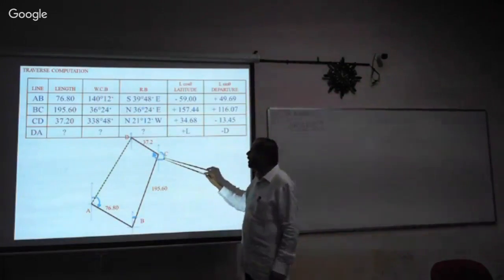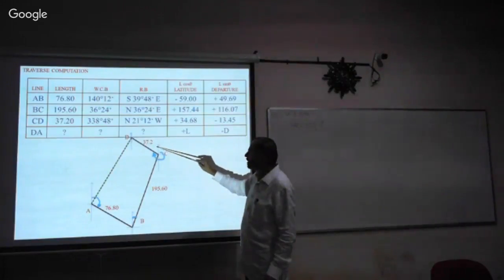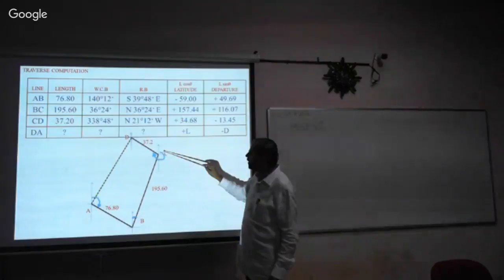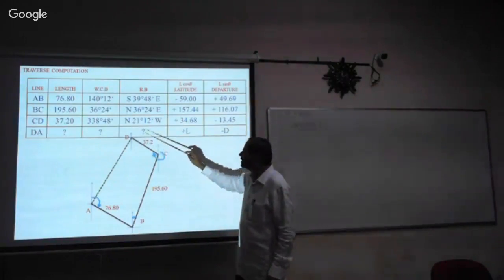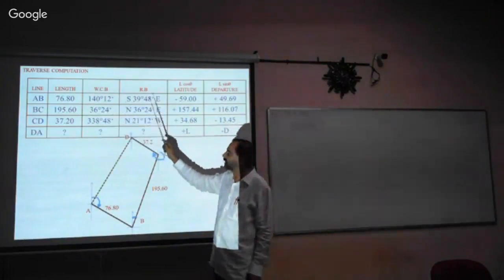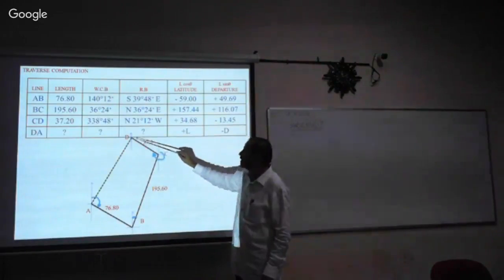And you know, to reduce the whole circle bearing into reduced bearing, 360 minus 338 degrees 48 minutes. Then this will be the reduced bearing of the line CD.